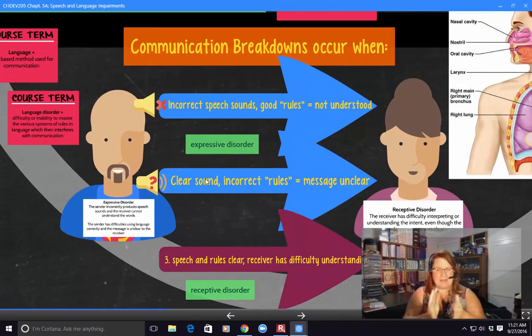Now, communication, again, happens on a two-way street, right? So here I put with the guy, I put 2 blue arrows, okay? So right here, if he is having an expressive issue, maybe he's not making the right sounds, incorrect speech sounds. He might have all the rules, but you can't really understand him still.